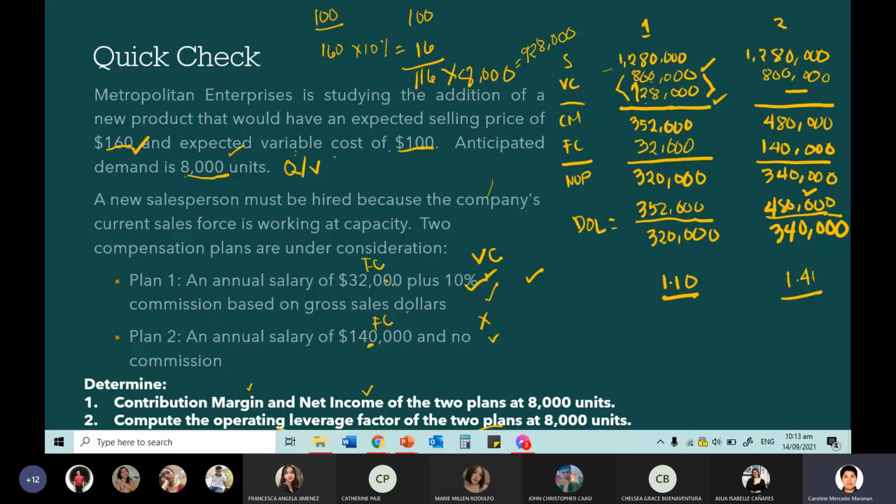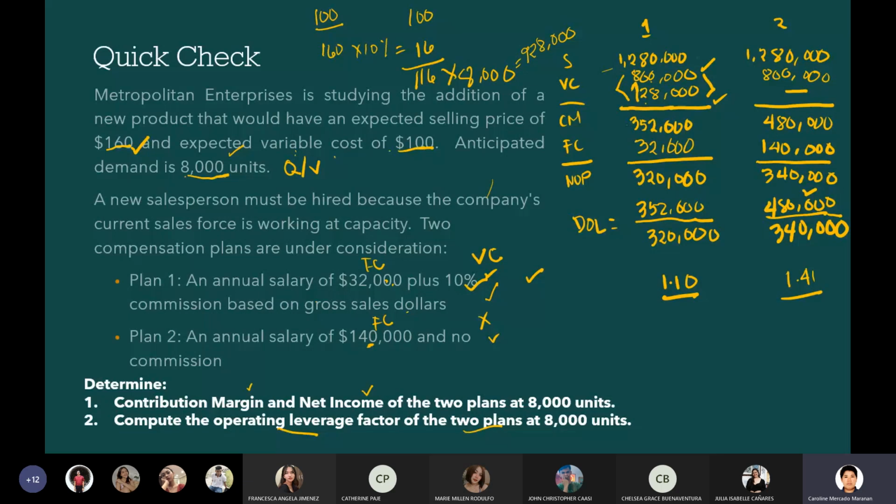Sa tingin nyo, alin ang pipiliin nyo plan? Plan 1 or plan 2? Alin kaya ang mas maganda? Ibig sabihin nito, pag nagkaroon ng changes sa sales, 1.1 ng changes na yon ay same changes sa net income ko.